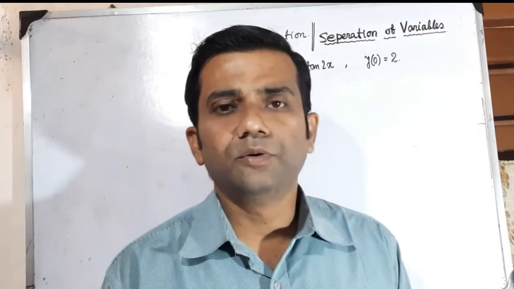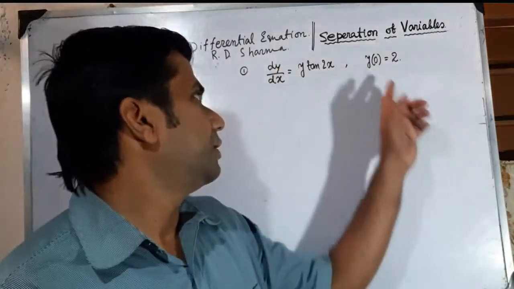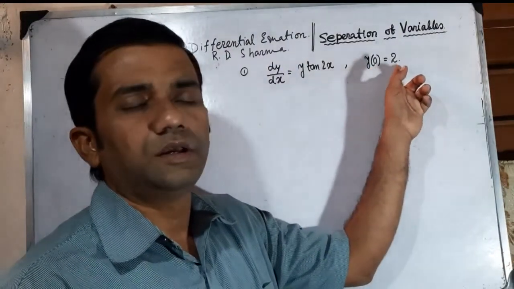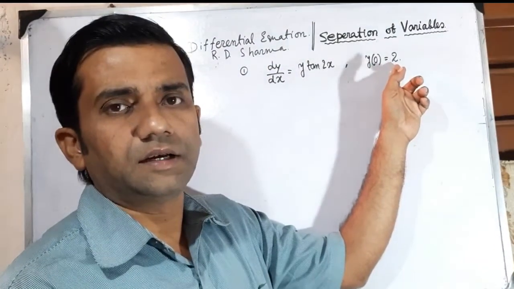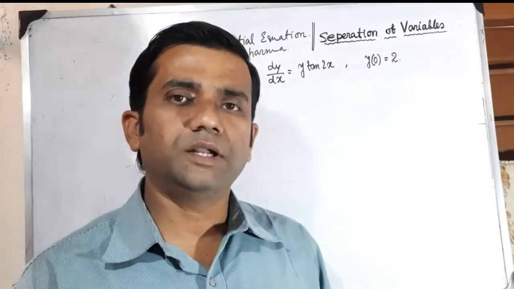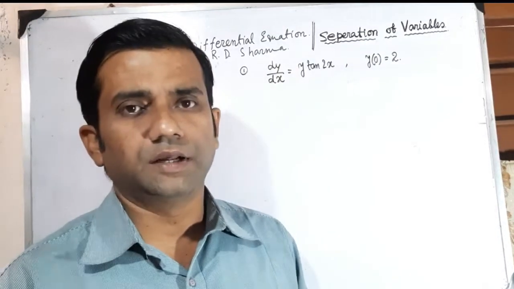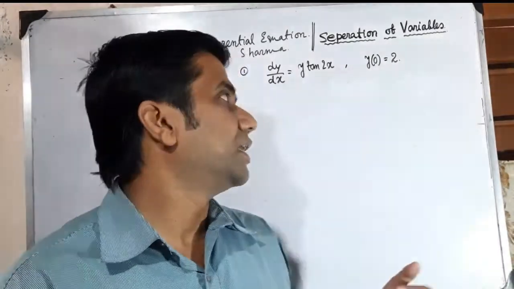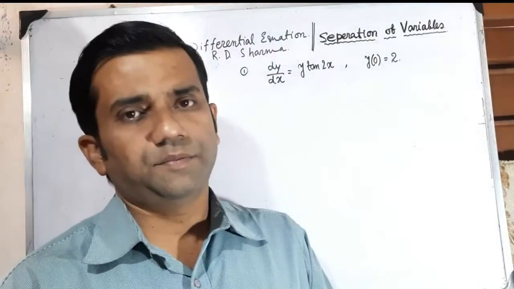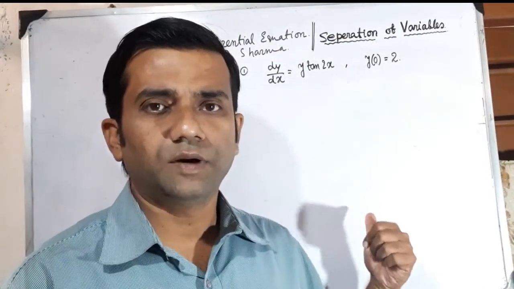But if you put a particular value of x and y, that means at x = 0 it is given that y = 2, then you get a particular solution of the equation. So in this section, I am going to solve this type of particular solution. Let's watch.